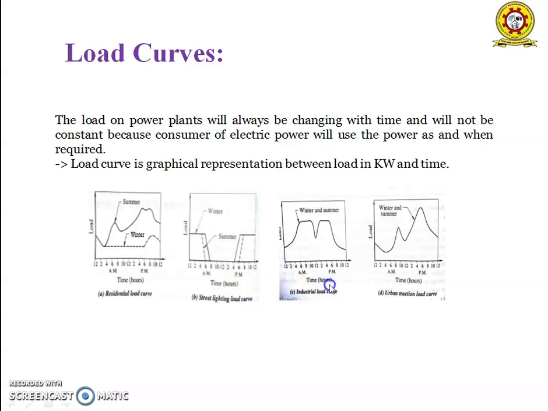And if you compare the graphs of the industrial load and urban load, for the industrial load it increases in summer and in winter, whereas in urban stations it increases in winter and in summer.